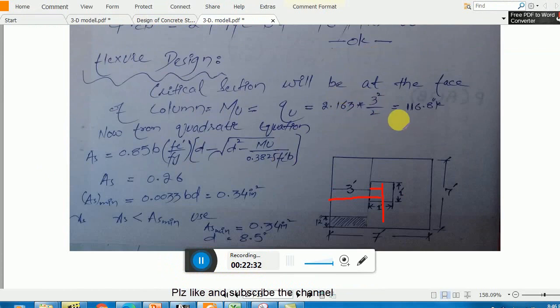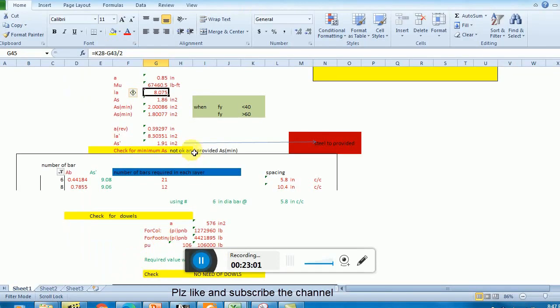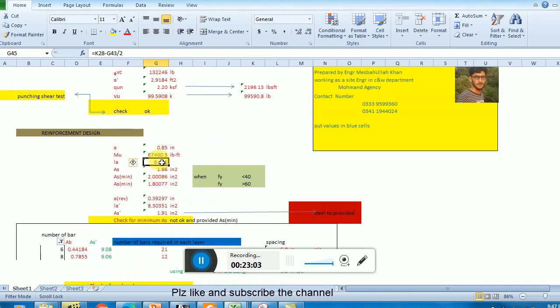67.46. Now if we check the value of Mu, that is in inches. In inches, if we multiply 116.8 divided by 12, we got 9.73.